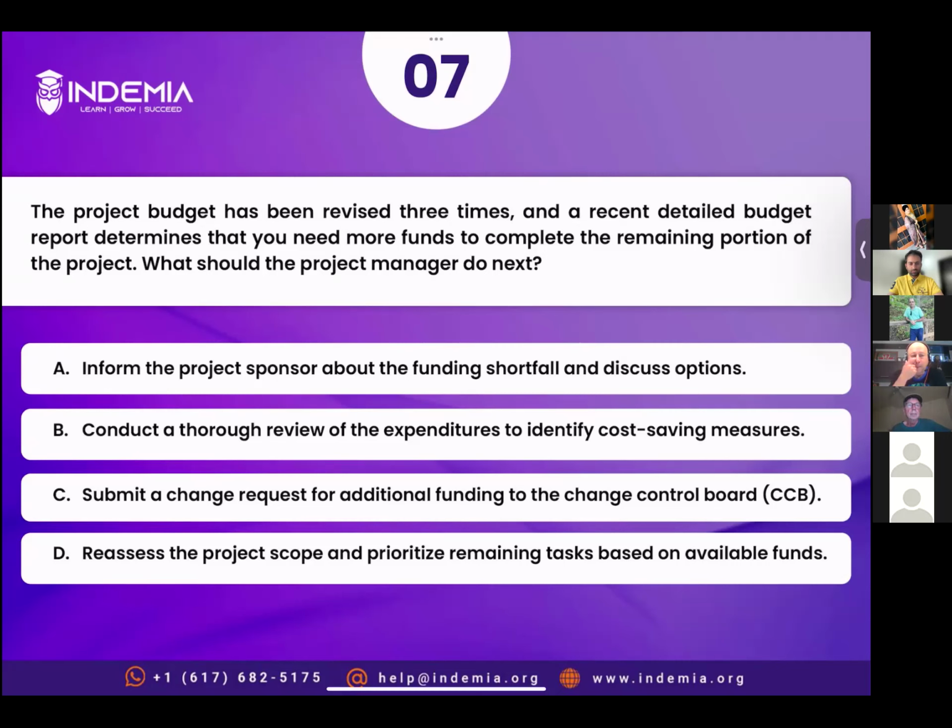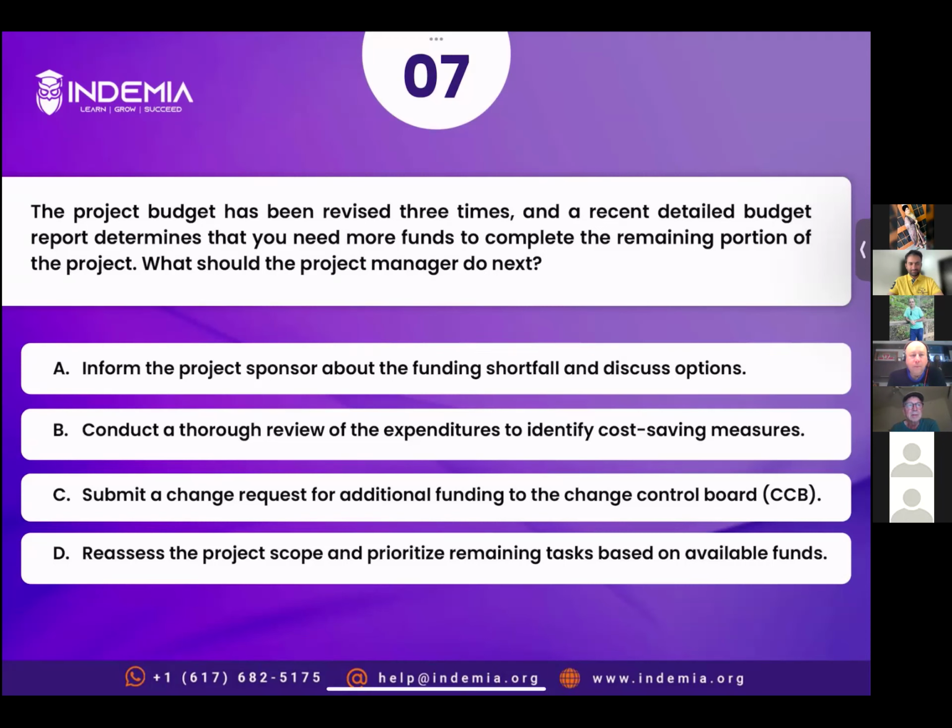Robin, you have chosen option C. I excluded B and D. Why did I exclude B and D? Because that's already been done. The project budget has been revised 3 times. So B and D were excluded.